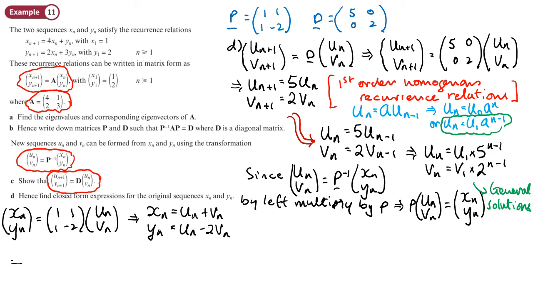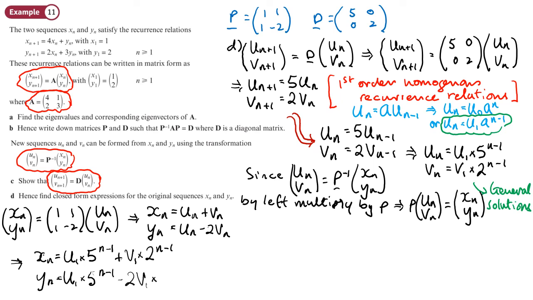So xn is equal to un, and un is u1 times 5 to the power n minus 1, plus vn, and vn is v1 times 2 to the power n minus 1, and yn is equal to un again, so that's u1 times 5 to the power n minus 1, minus 2 times vn, and that is v1 times 2 to the power n minus 1.